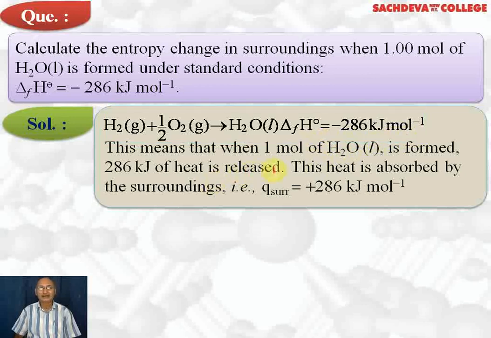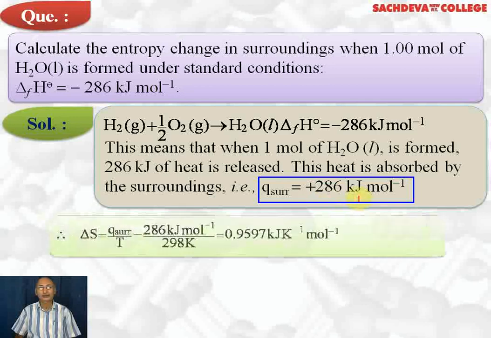This means that when 1 mole of liquid water is formed, 286 kilojoules of heat is released. This heat is absorbed by the surroundings. Now, whenever an exothermic process takes place, the heat is released into the surroundings and the temperature of the surroundings also increases. So the heat of the surroundings, represented by Q surrounding, will be equal to plus 286 kilojoules per mole.